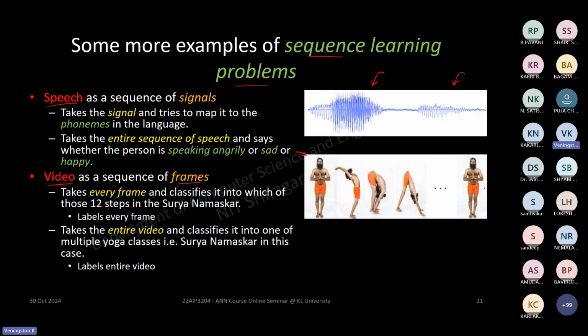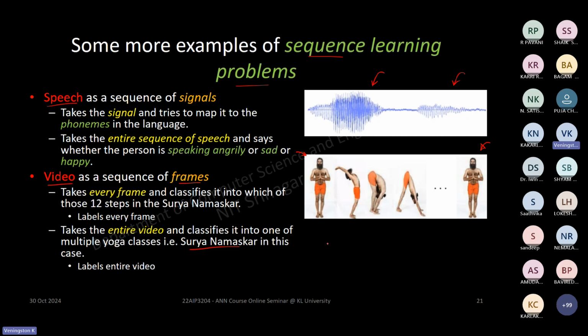So now let's say we wanted to process this video sequence, which is made up of a sequence of frames, and we wanted to assign the label of the yoga pose. Let's say this video is about a particular yoga pose, Surya Namaskar, and we wanted to assign this particular label to this video sequence.